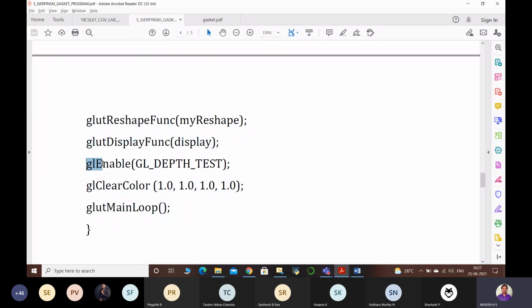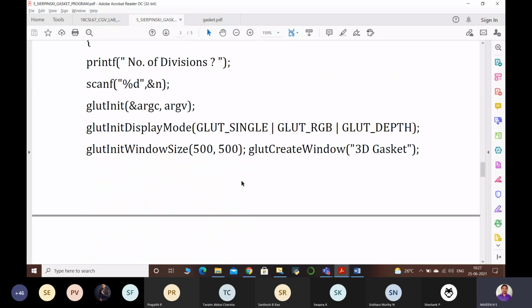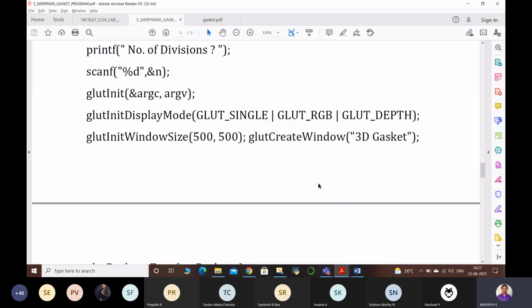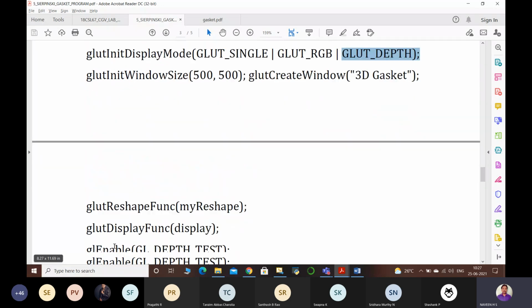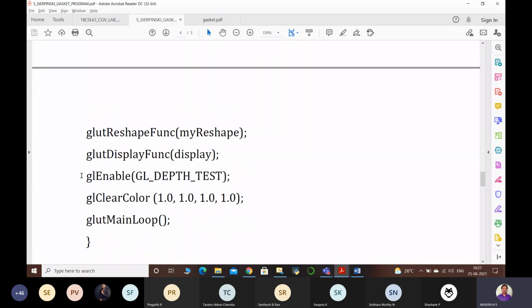The last is glEnable, GL_DEPTH_TEST. I showed this in the beginning also, where I said glut depth, in order to enable depth. Same thing only. The name itself says enable. What is it going to enable?